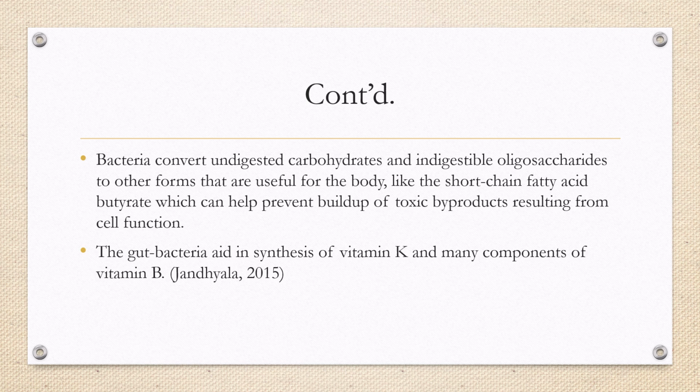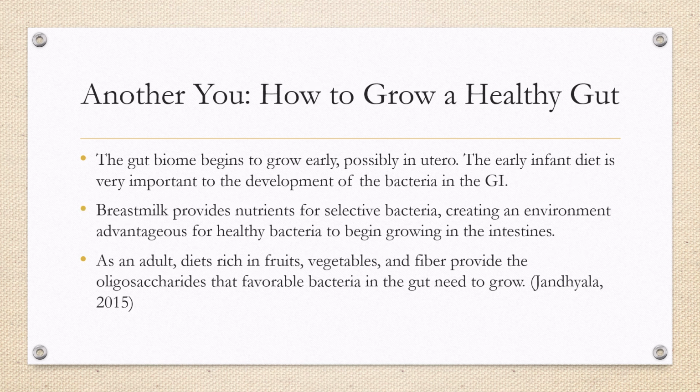But they do. That does provide fuel for the healthy bacteria that you want in your GI, and that converts it into this butyrate, which just helps overall. It's a symbiotic relationship. The gut bacteria aid in synthesis of vitamin K and many components of vitamin B.